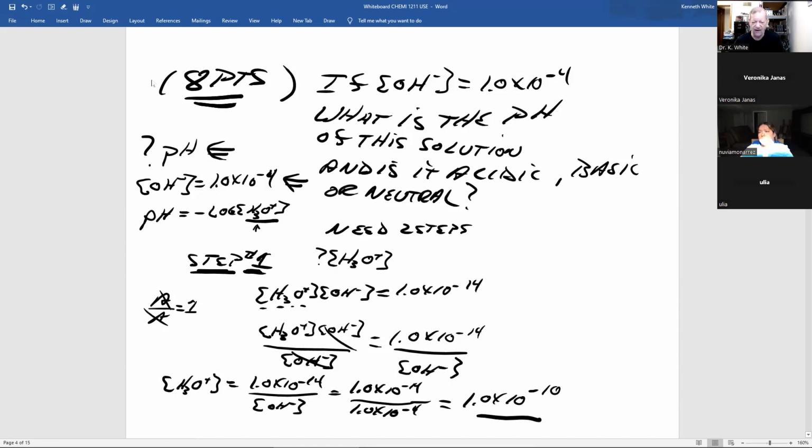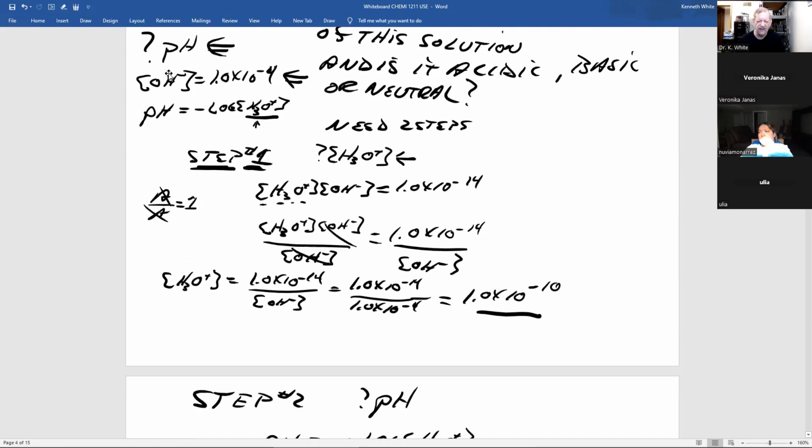In step 1, we determine the hydronium ion concentration using Kw, the water ionization constant. And that's this equation. You solve for hydronium, getting it alone on one side, and you calculate that number.